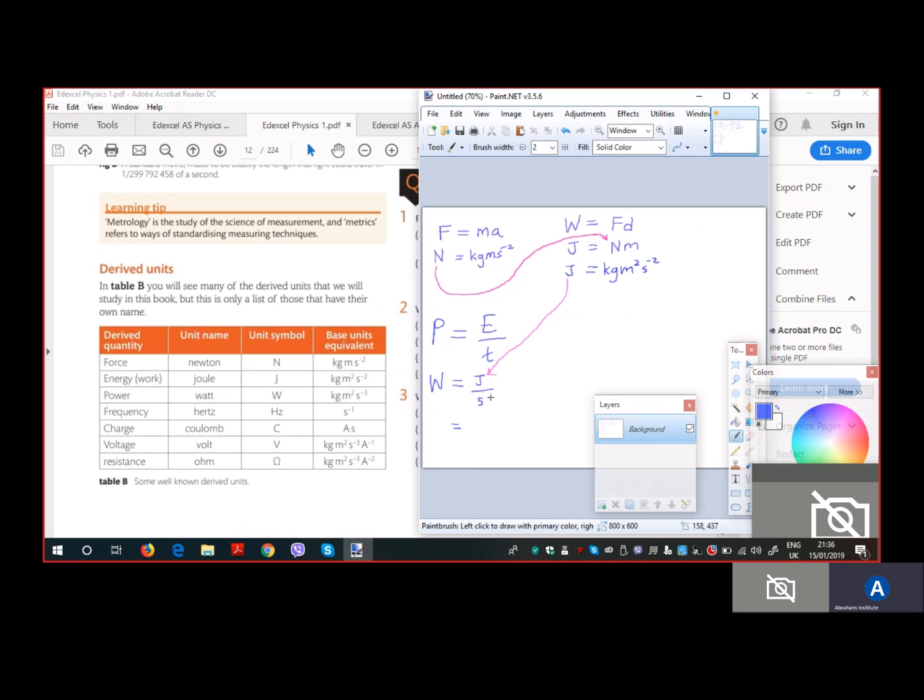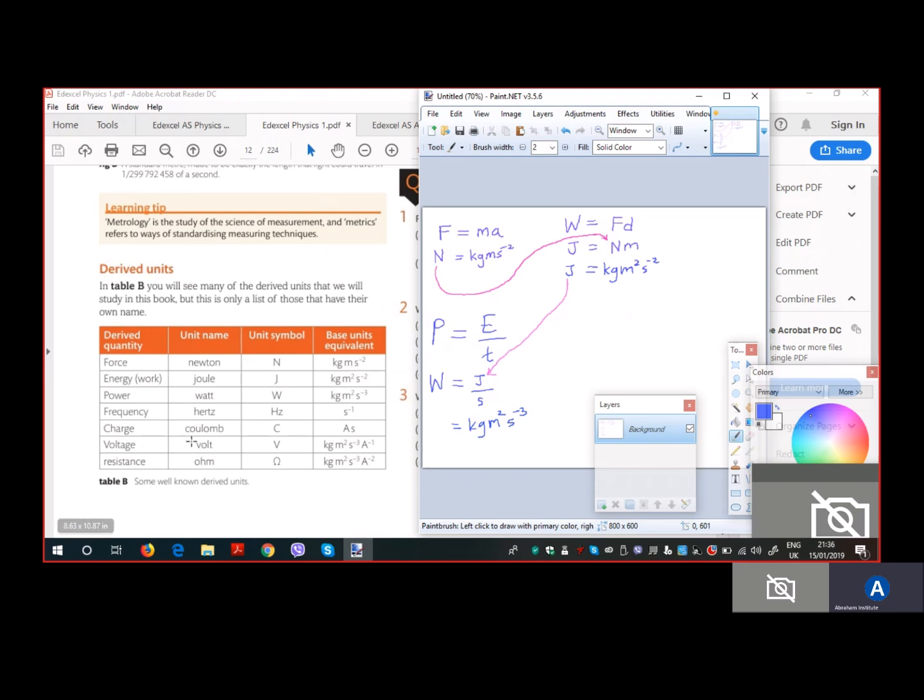Do you remember the rules of indices? Yeah, sir. Here when you divide, you subtract. So minus 2 minus 1, so s to the power minus 3. So kilogram meter squared s to the power minus 3. Is that clear? Yes. You see, that is the unit.